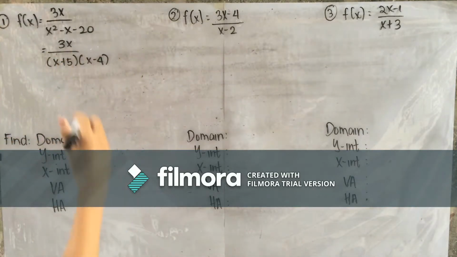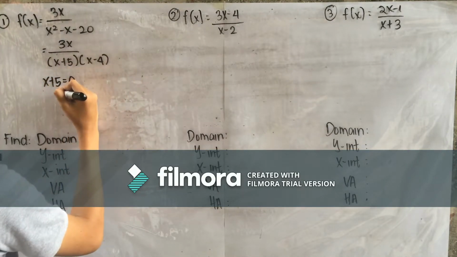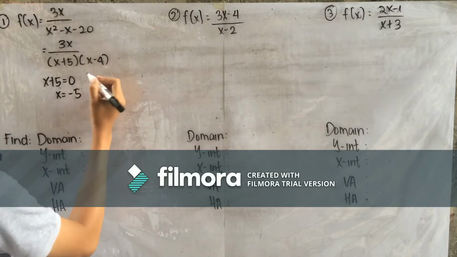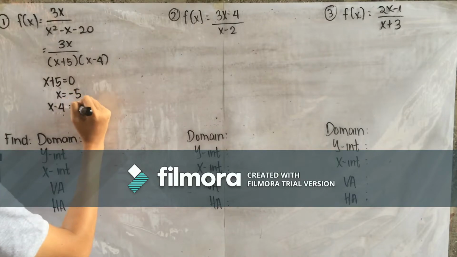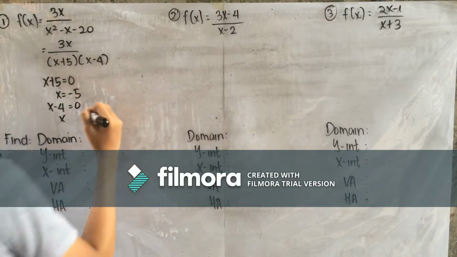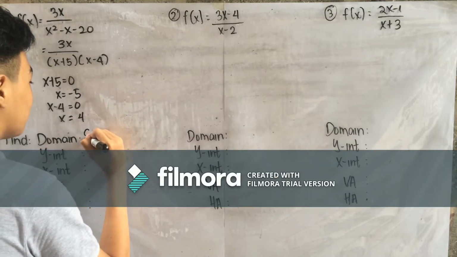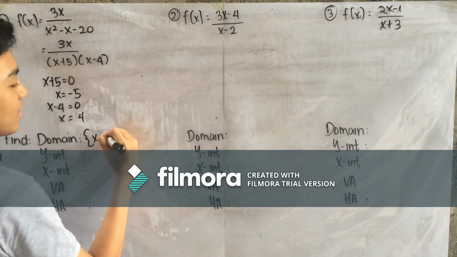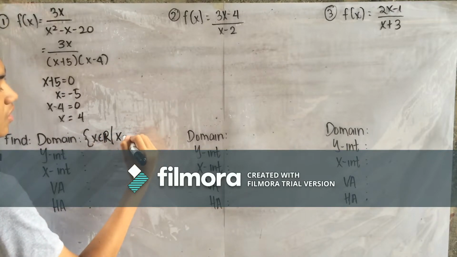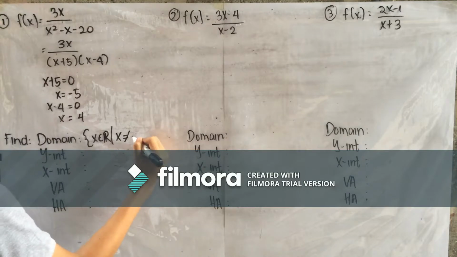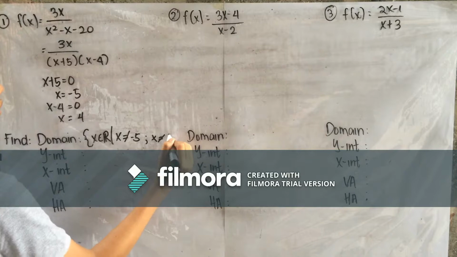So, equate natin sa 0 to. X plus 5 is equals to 0. X is equals to negative 5. Tapos itong x minus 4 is equals to 0. Transpose, x is equals to 4. So, the domain will be x is a set of all real numbers such that x is not equal to negative 5 and x is not equal to 4.